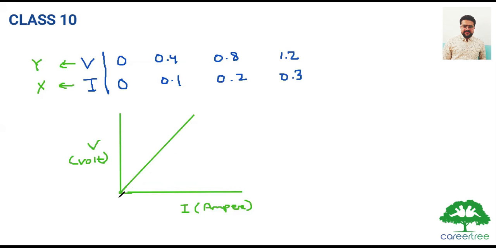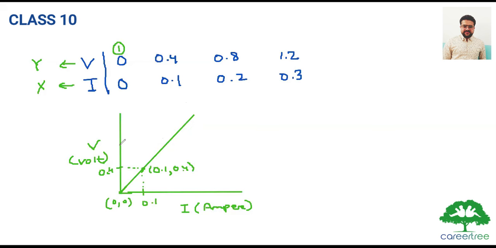Suppose this is my 0, 0 coordinate, which is the first coordinate here. Then I can plot the second coordinate. For example, if this is 0.1 ampere and this is 0.4, then this becomes my second coordinate, which is 0.1, 0.4.